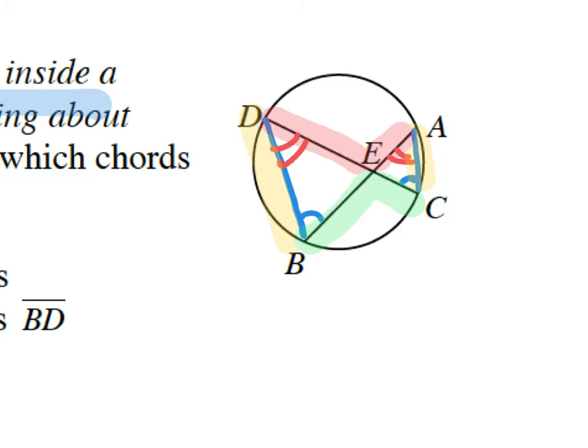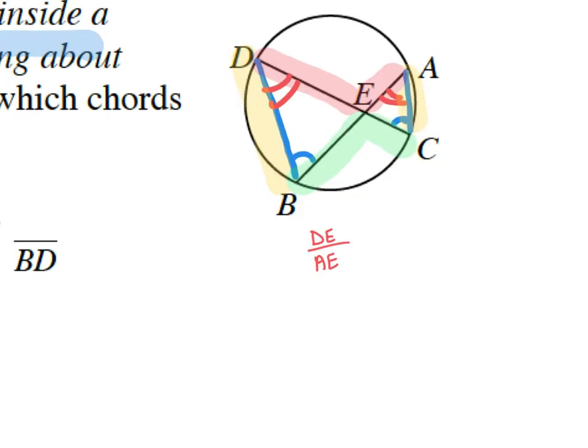So I'm going to take a minute and I'm going to write a proportion comparing the sides of these triangles. The first pair of corresponding sides I'm going to compare is DE over AE, and the second pair would be BE over CE. Go ahead and use my cross product property and solve this.